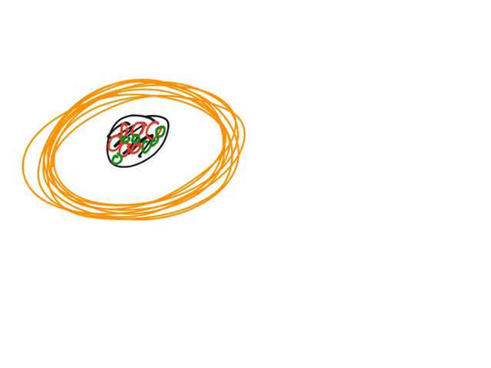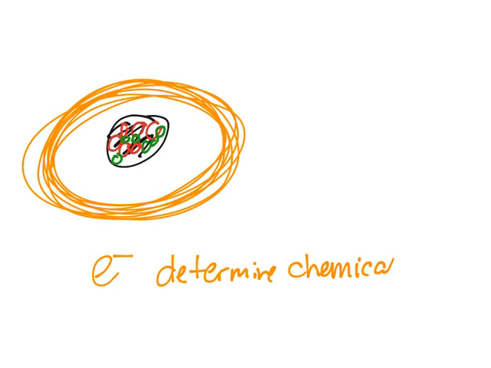And the electrons, e minus, actually determine the chemical properties of an element, of an atom.